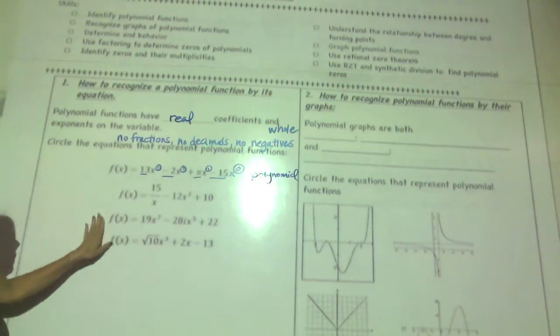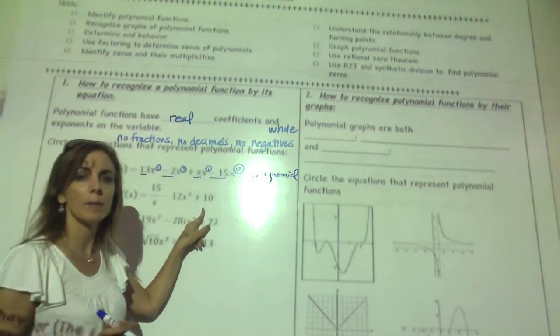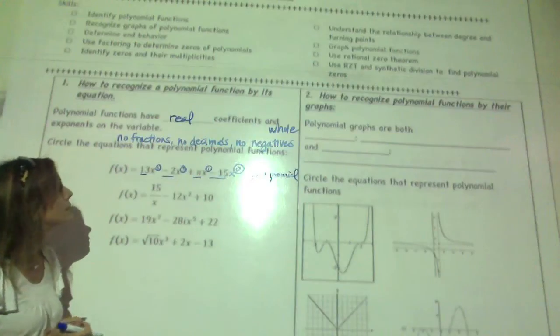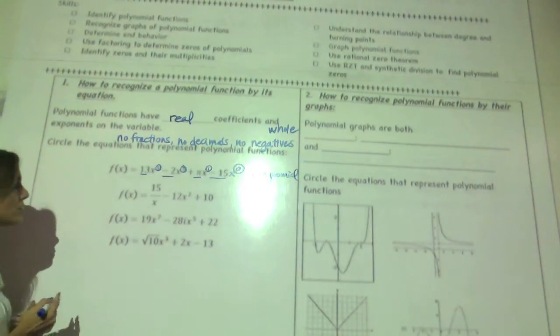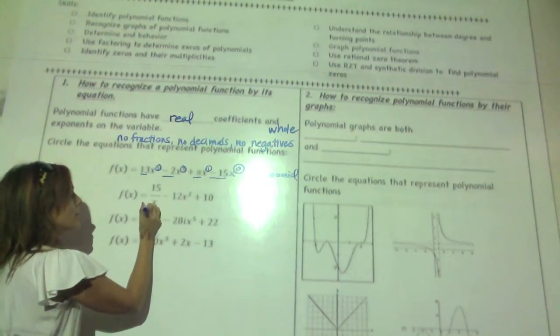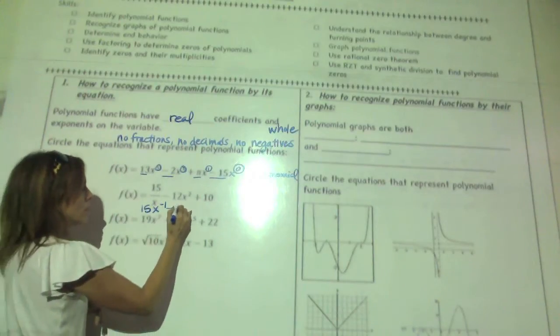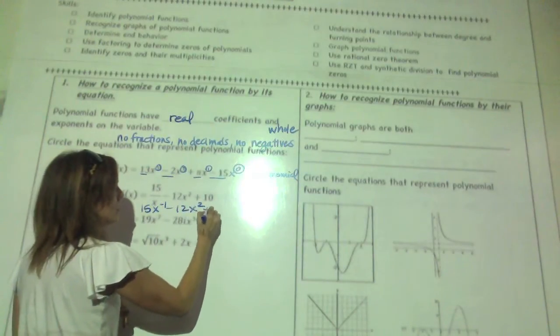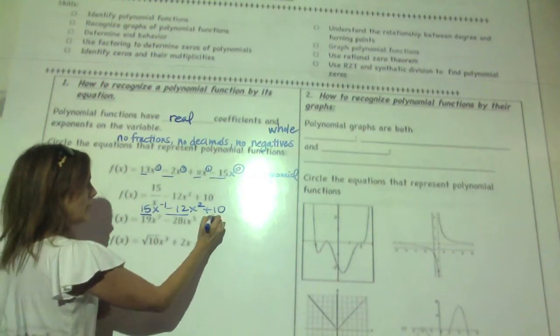Okay, how about this one? 15 divided by x minus 12x squared plus 10. Is this one a polynomial? Well, let's look at my coefficients. I think this one could be written as 15 times x to the negative 1. So my coefficients, 15, negative 12, 10.